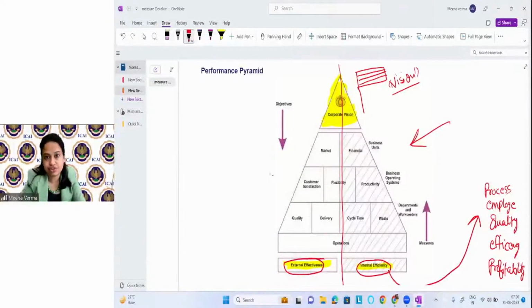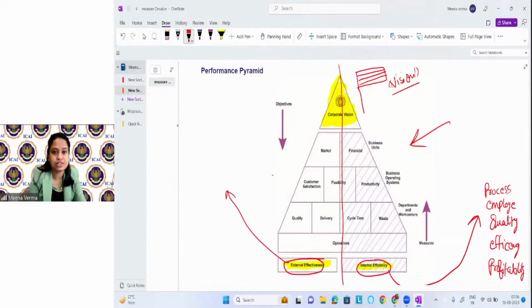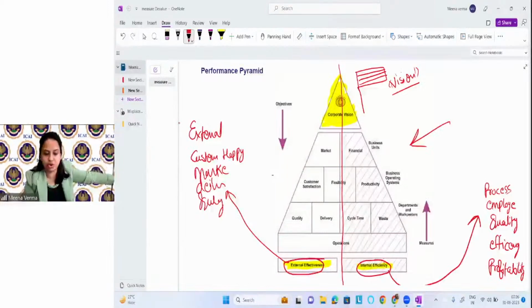And here, external effectiveness considers the external environment. In the external environment, we consider the market. The customer is outside the organization, so whether the customer is happy or not with the organization. You will see what you deliver and whether you are providing a quality product to the customer or not.